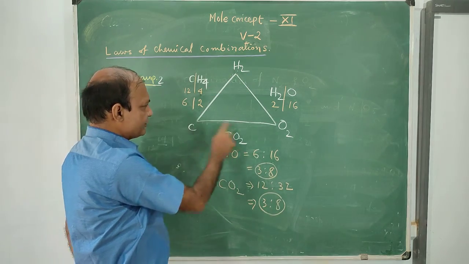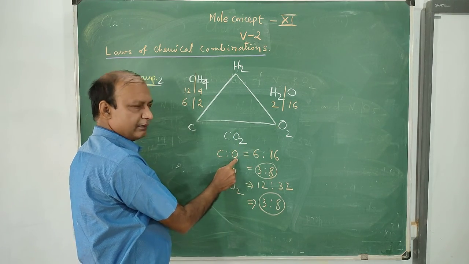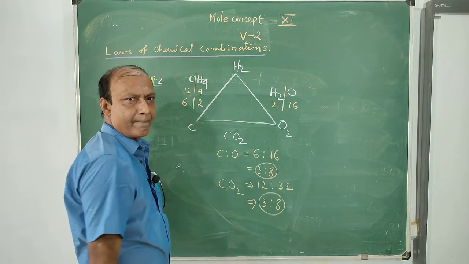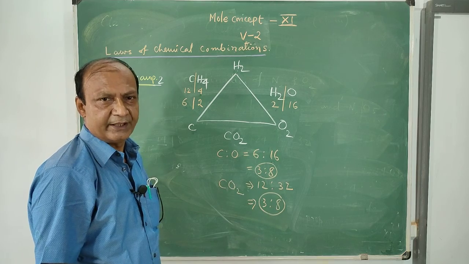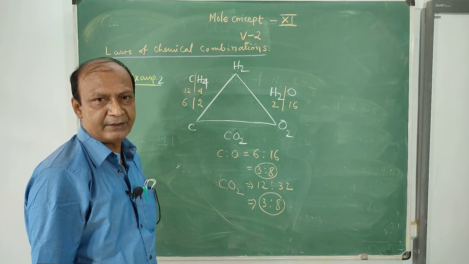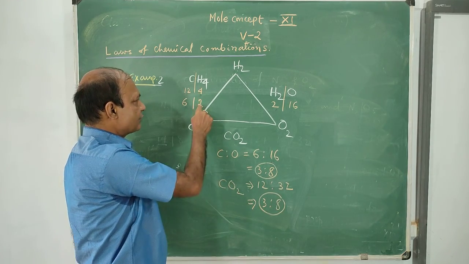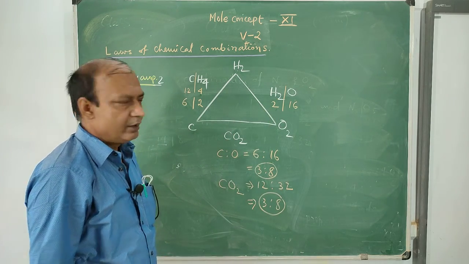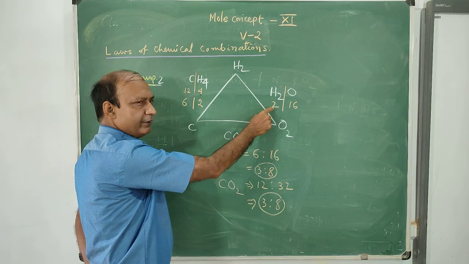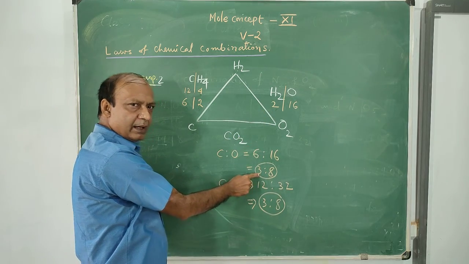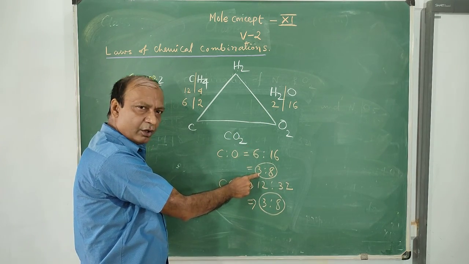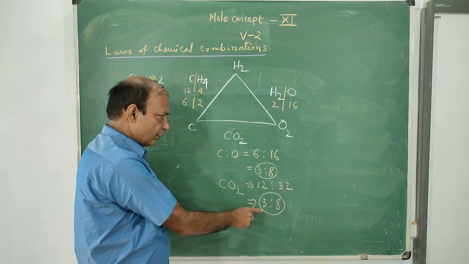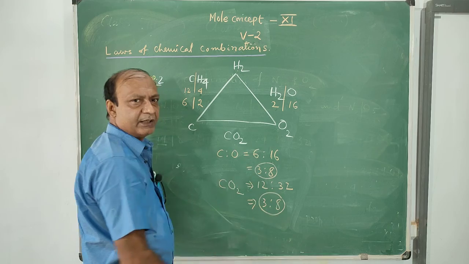The ratio of the masses of these two elements, fixing the mass of the third element, is either equal or some integral multiple of the ratio when they combine with each other.